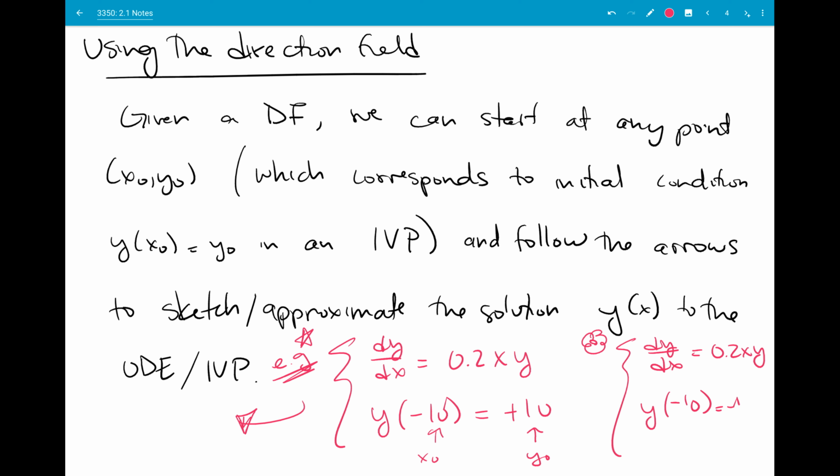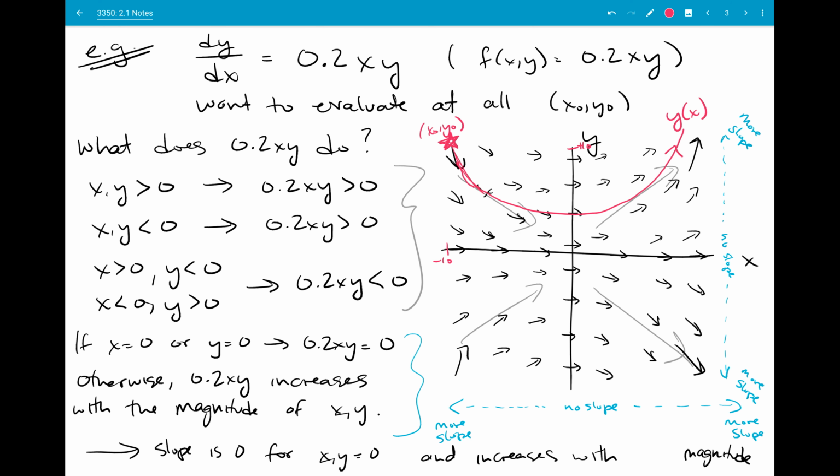Let's do y of -10 equal to -10 for real this time. I did -10 plus 10. That's my mistake the first time. And so this one starts actually at -10, -10. And so we kind of follow this upward direction and then down again like that. That's our solution y of x to the second example.